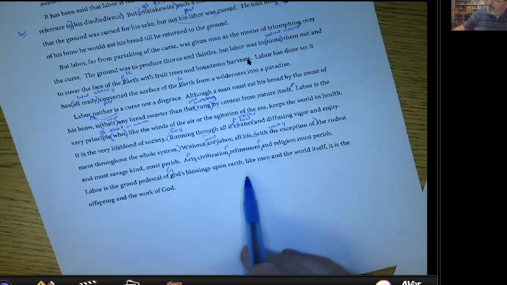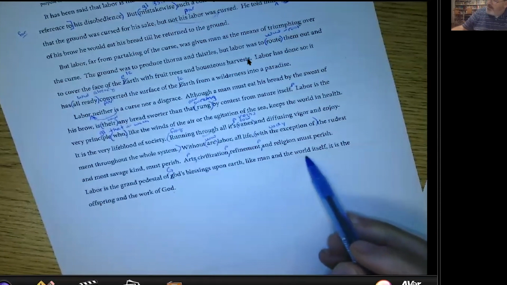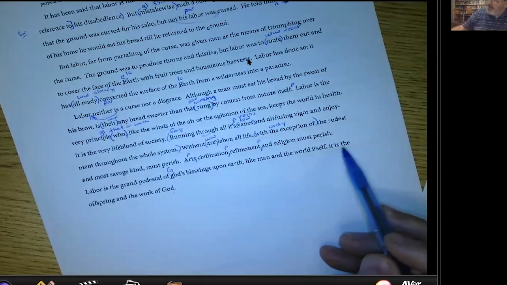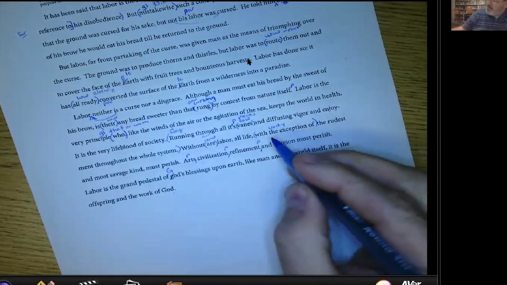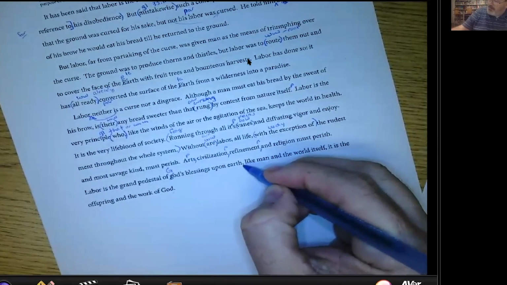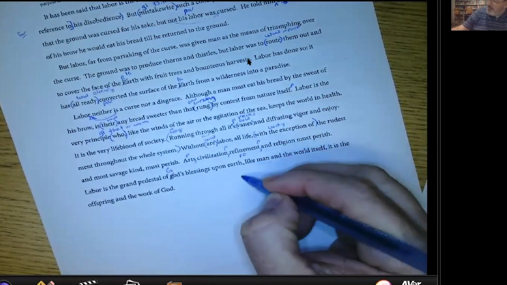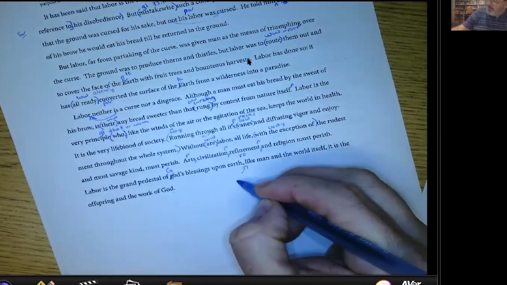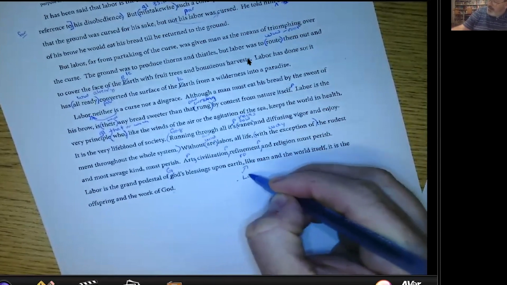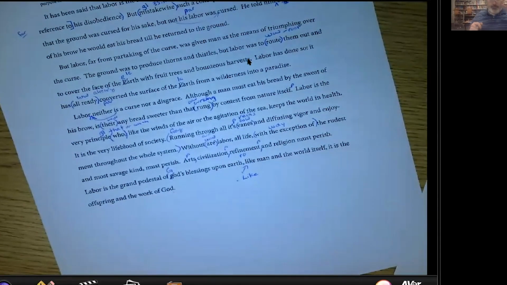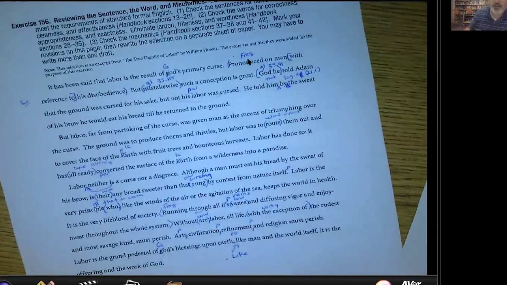I think a period belongs there. Like man and the world itself, comma, it is the offspring and the work of God. Yes, so this should be right here. We're going to put RO for run-on because that should be a period and then a capital. Okay, that's it. So now you can rewrite this correctly. They said you might have to write it a couple of times to get it right.